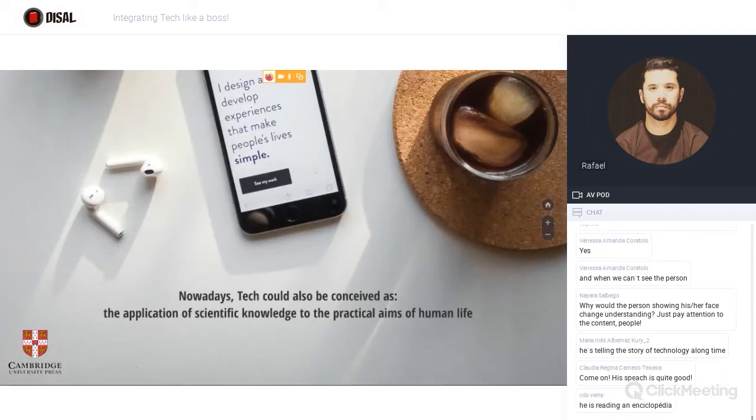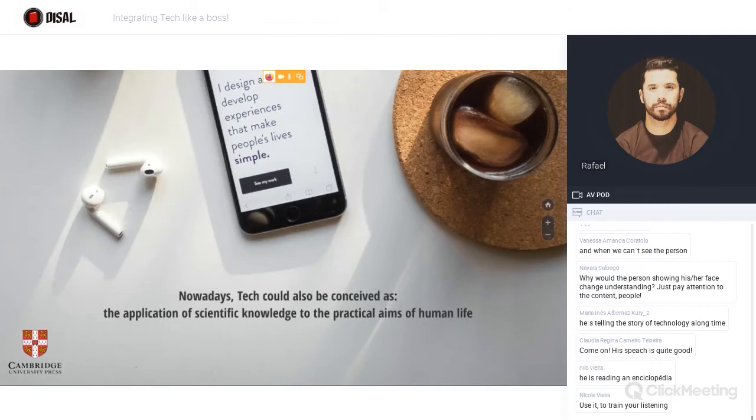That is how we start thinking of tech tools as a way of getting things done in a very simple and super fast way. All today's practicalities, you know, the things that we do on a daily basis. That's why I bring you guys this definition.